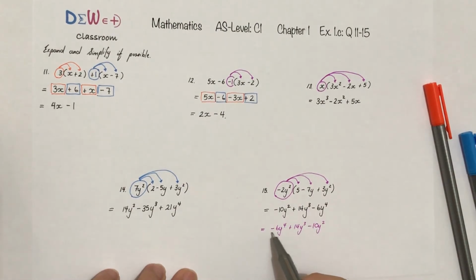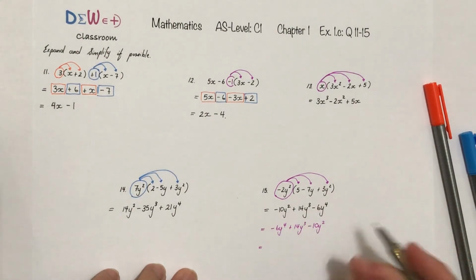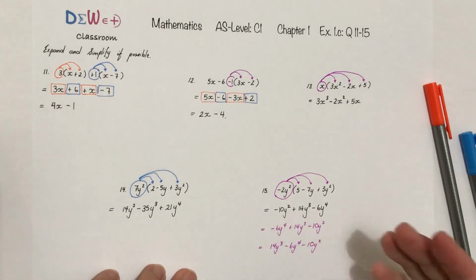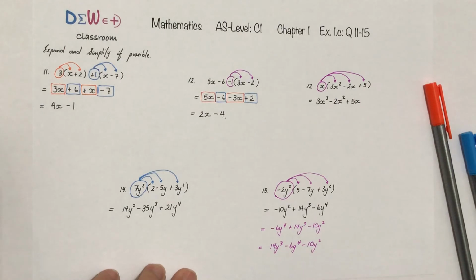But then you have the same situation where you have the negative in the front. So if you comply with everything, or as close as, it would be 14y cubed minus 6y to the power 4 minus 10y squared. But please, these two additional steps are not necessary, as in all of these cases the answer is the same.